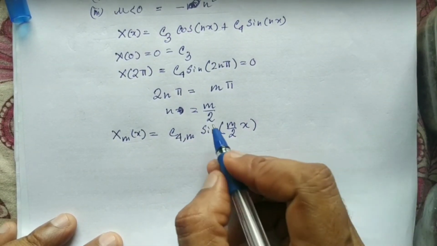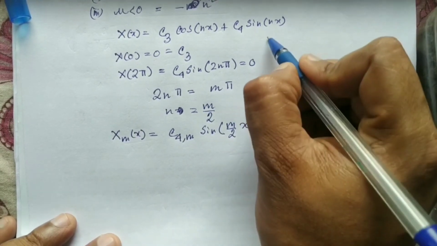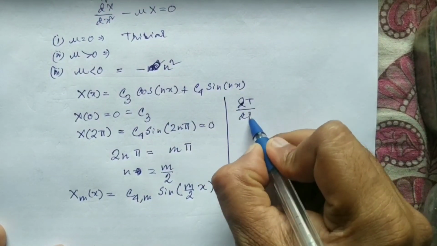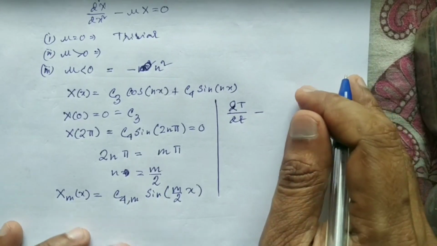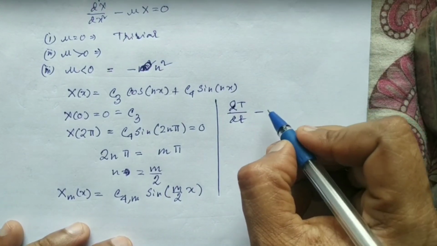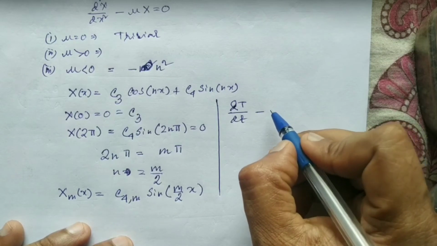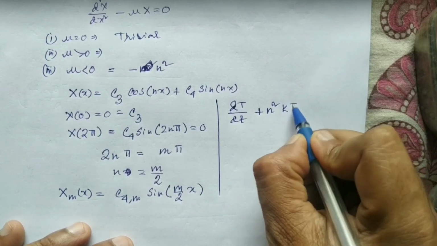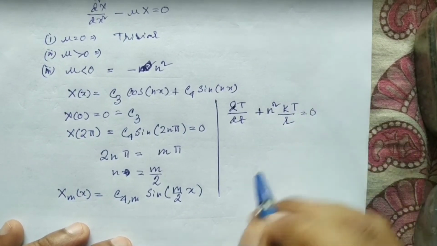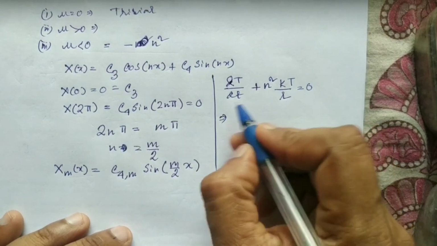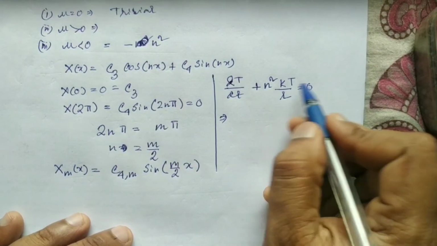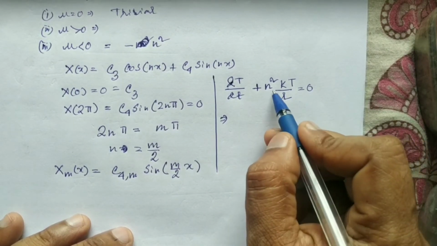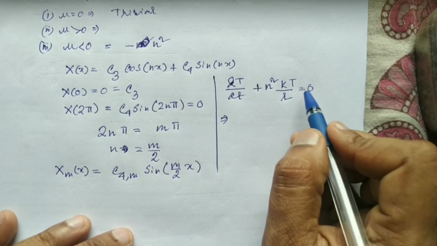Okay, now let us write the equation for T as well. Now this is dT minus mu, so minus mu means this should be plus n square k T by l is equal to 0. And solving, we can write, take T down, then this is log of T, and that part is simply n square k by l into t.